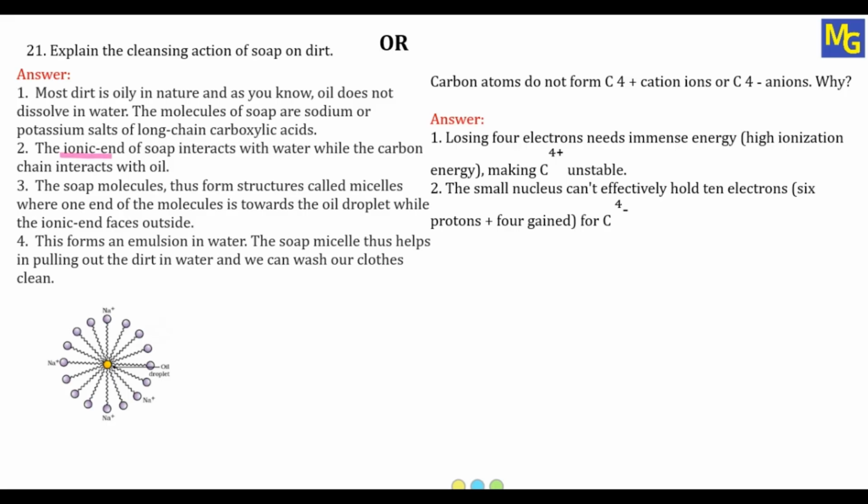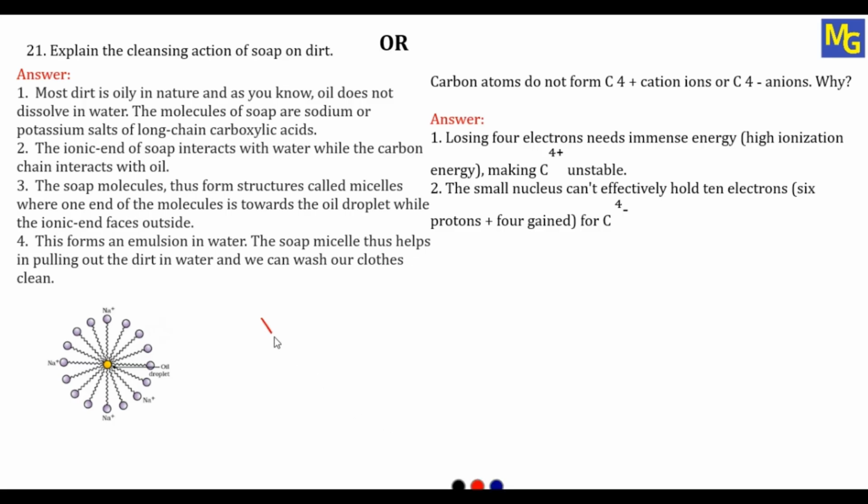One is ionic and the other one is called the carbon chain, or the hydrocarbon end. So one is the ionic end and one is the hydrocarbon end. One end will react with the water, the other end will react with the dirt, and with the help of this process we can easily remove the oil or the dirt from the clothes.